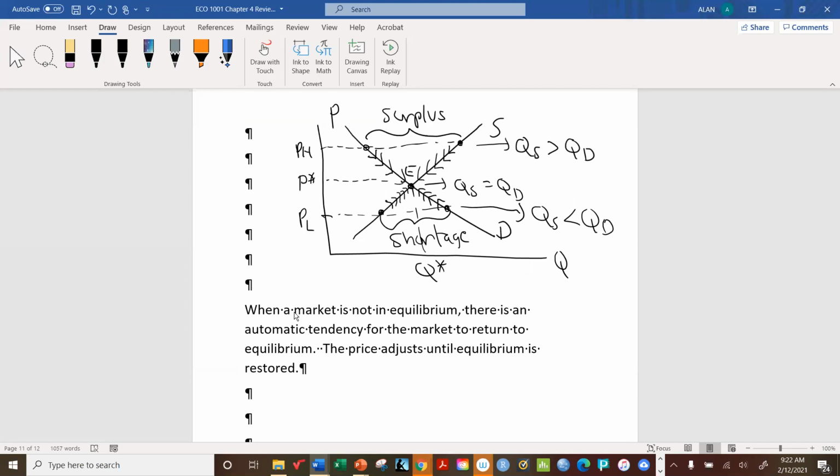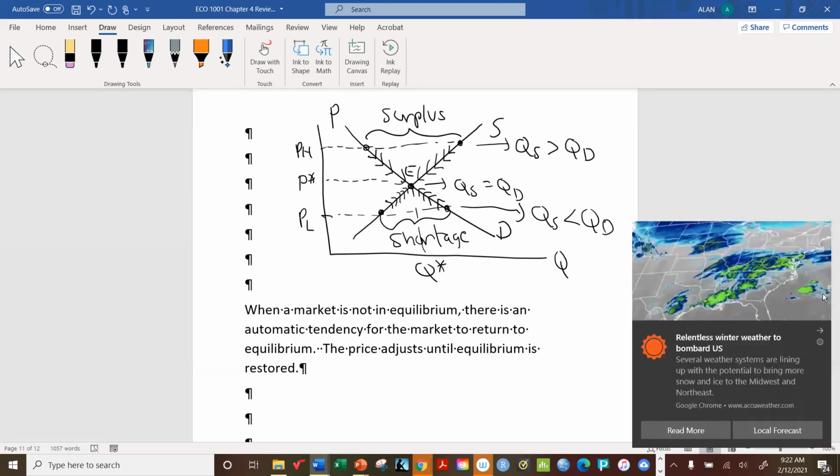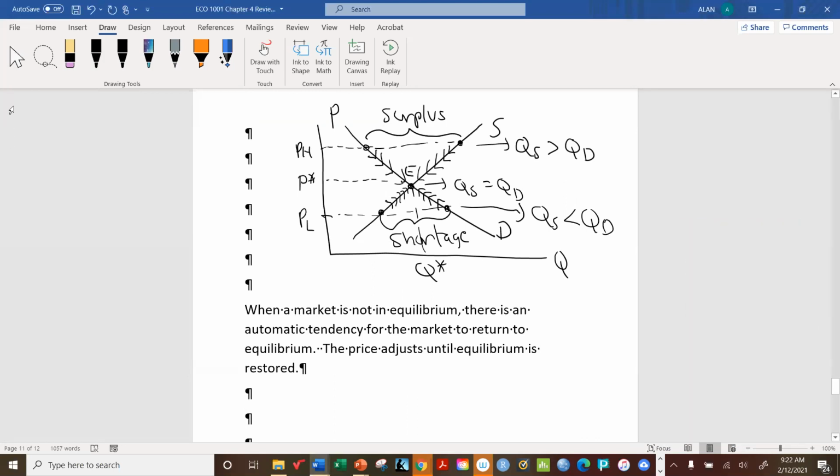For some products, like in a supermarket, the prices change pretty quickly anyway. So they realize one day, oops, we charged the price too low for all these cans of beans. Maybe we should raise the price and we won't have this problem anymore. It's pretty easy. But if you're talking about expensive products like TVs, for example, it could be a while before this adjustment takes place. But it will happen eventually. It's automatically going to happen because the producers have an incentive to make sure the price is at equilibrium.